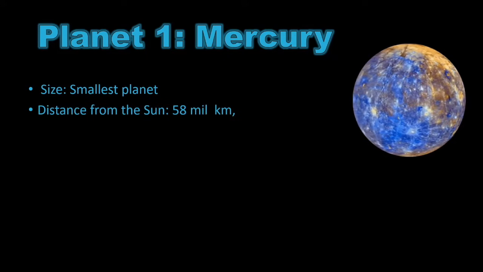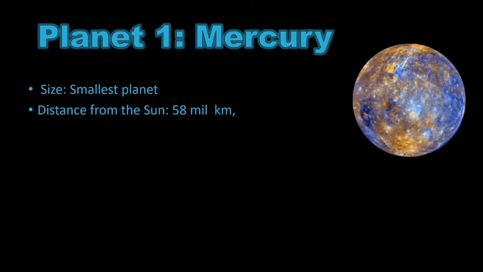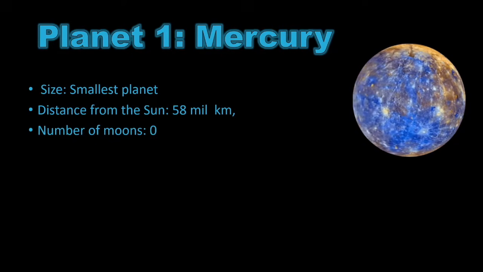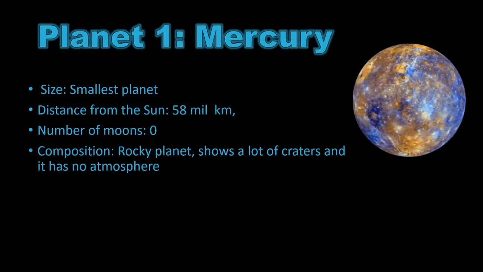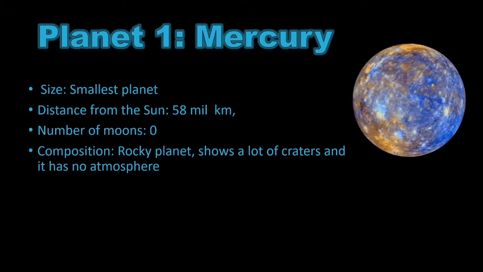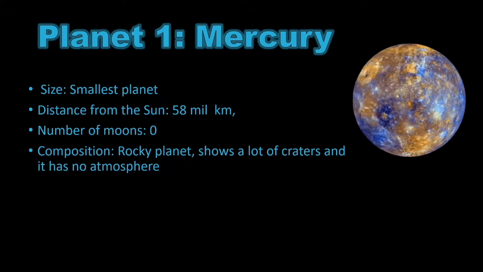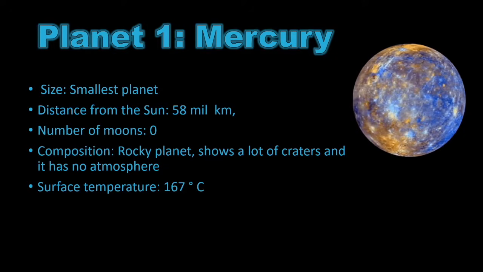The distance of Mercury from the Sun is about 58 million kilometers. It has no moons, and it has a very rocky composition. You will find a lot of craters due to meteors and meteorites that hit the surface of Mercury. It also has no atmosphere. The temperatures can vary.